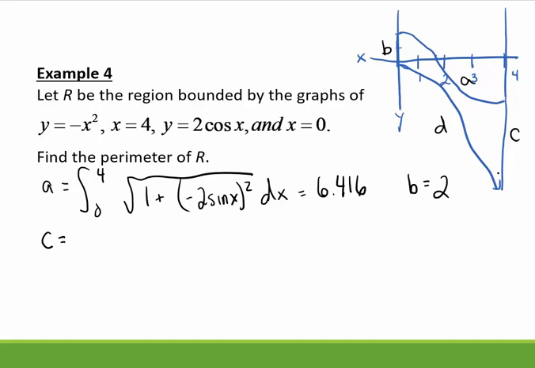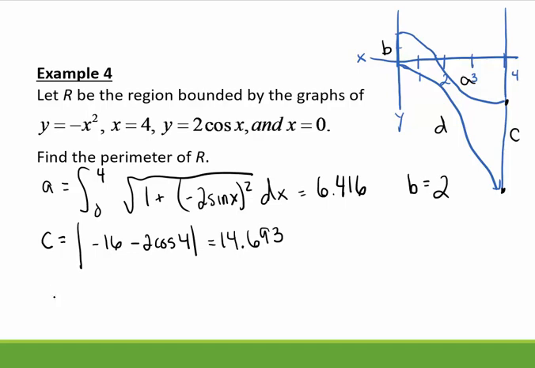So I take the big, which is, I'm just going to do the absolute value. That value is negative 16. This value is negative 2 cosine 4. When I find the absolute value of that, I get 14.693.